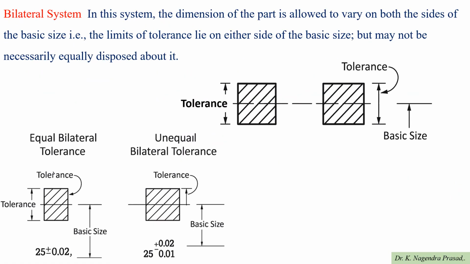Let's see the bilateral tolerance system. In this system, the dimension of the part is allowed to vary on both sides of the basic size. The limits of tolerance lie on either side of the basic size, but may not necessarily be equally disposed about it.